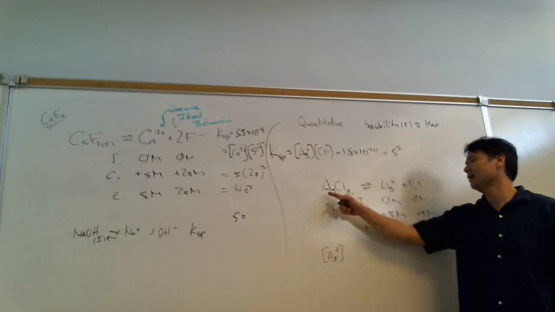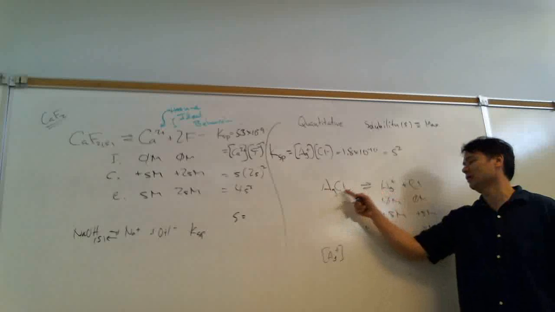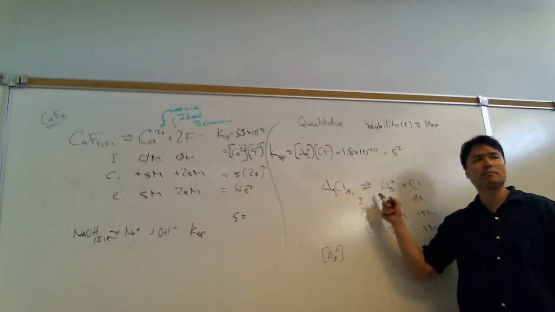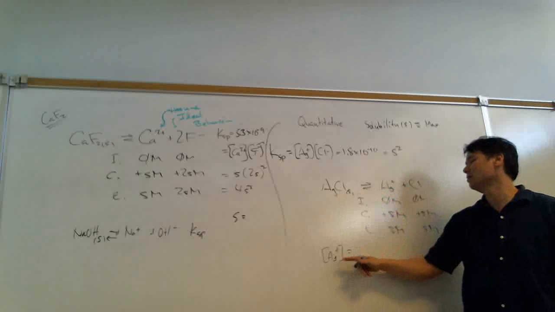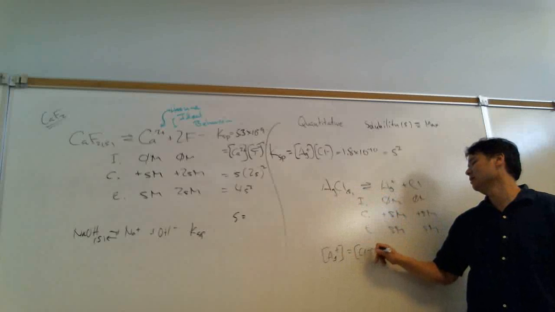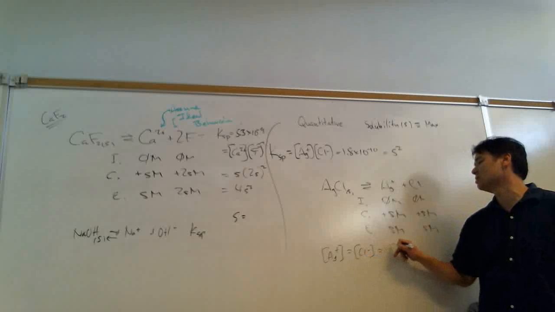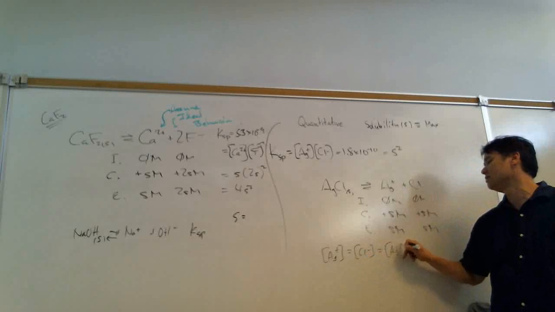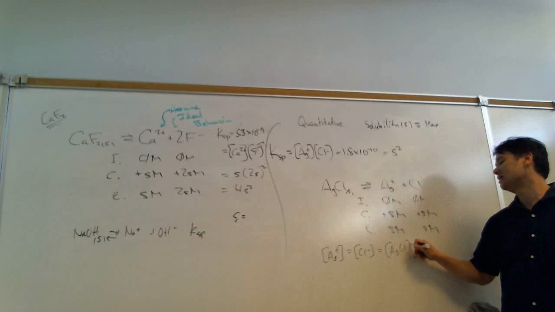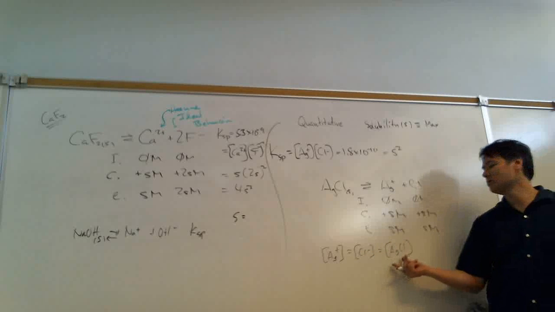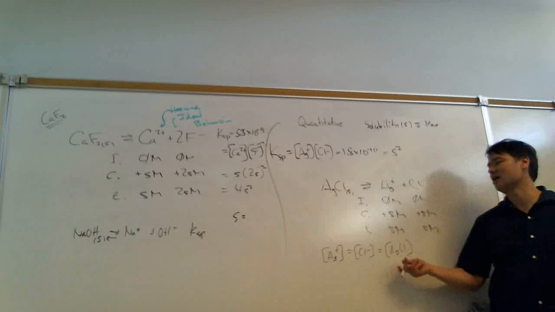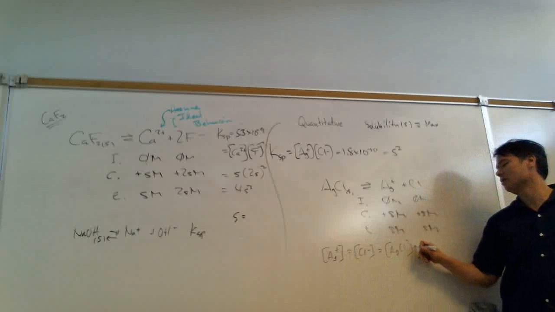But we know that silver chloride and silver are in a 1-to-1 mole ratio, and so it's going to be the same. That is, the molarity of silver, in this case, is equal to the molarity of chloride, which is going to equal the molarity of silver chloride that dissolves. And so how many moles of silver chloride formula units actually dissolve? Well, that's going to be S. And these are all equal to S.